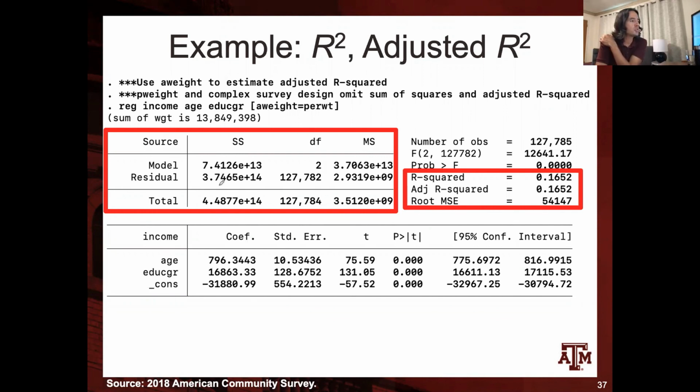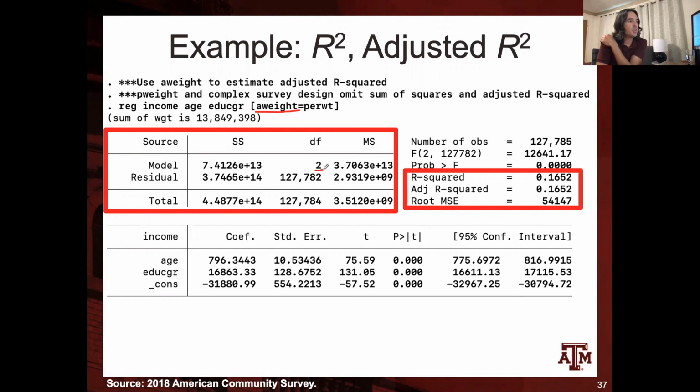So if I want to see the total sum of squares, the residual sum of squares, and the explained sum of squares, which here is called model sum of squares, I cannot use p-weight or the complex survey design. I have to use the a-weight.